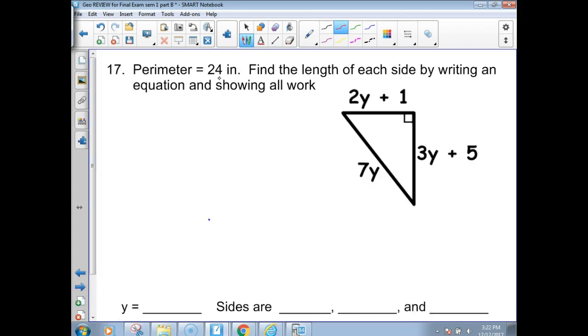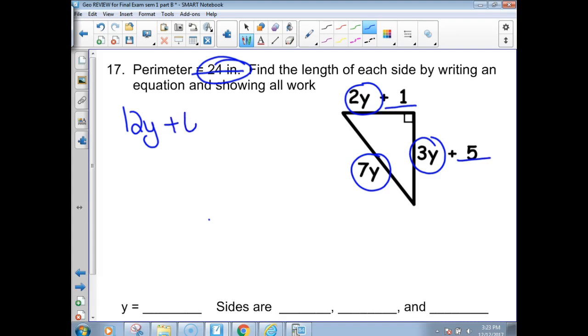17. Ooh, what does a perimeter mean? Add up all the sides. So we're going to add up these sides. So I'm going to add up 7y and 3y and 2y, which would be 12y. And then I'm going to add 1 and 5 plus 6 equals 24. Okay, subtract 6.